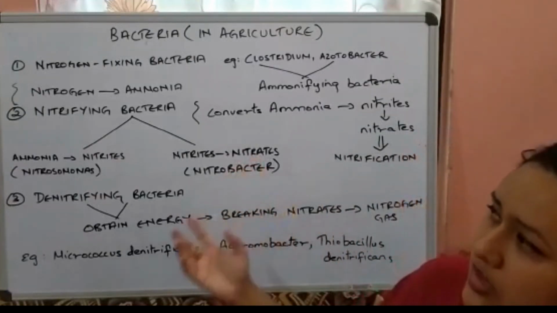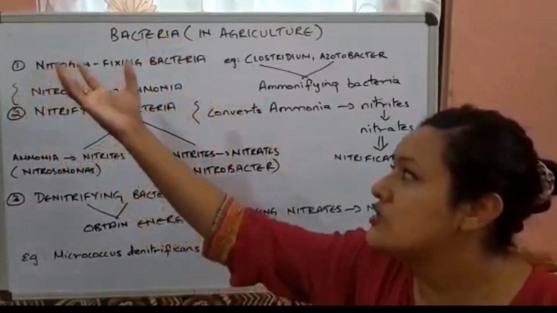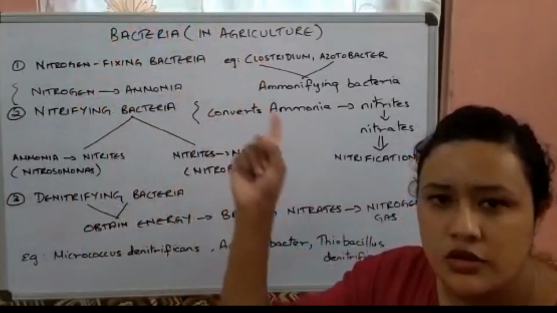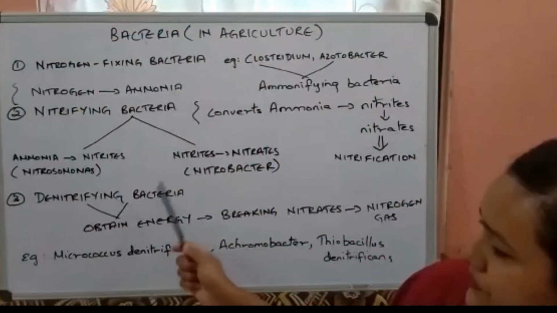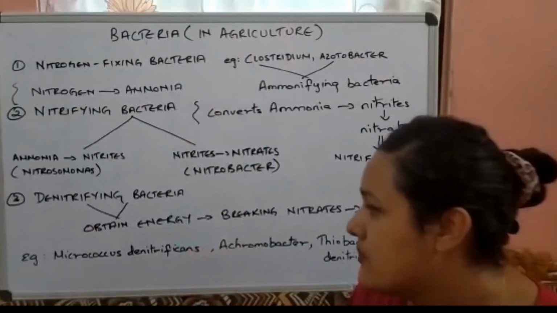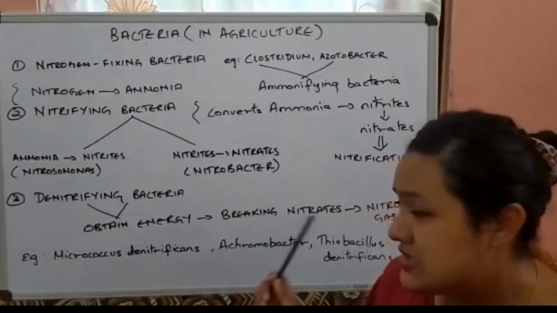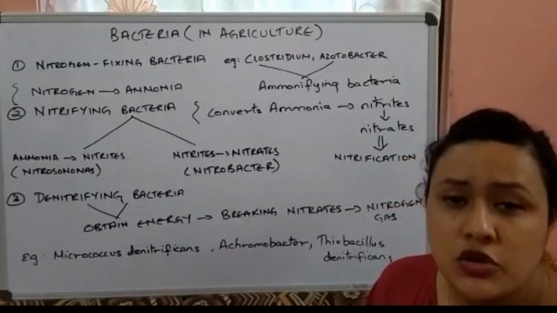Then again from the atmosphere, the nitrogen fixing bacteria trap it and change it into ammonia. So the cycle is going on, yes or no? These denitrifying bacteria are responsible for breaking nitrites again into nitrogen gas.